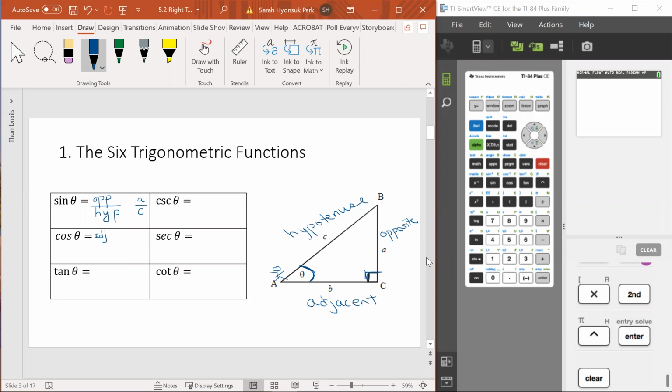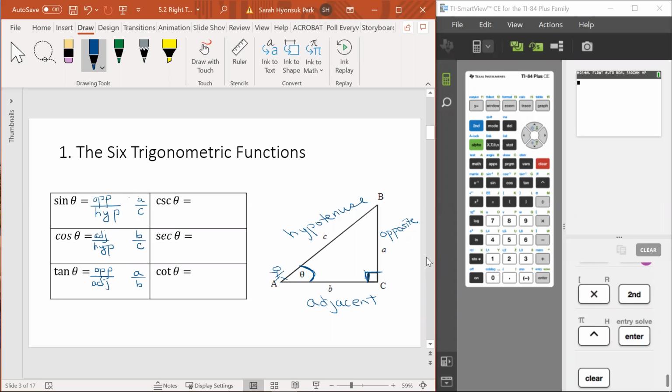You're just taking two sides and dividing, it's a ratio. If we're using A, B, and C as the sides, it's B over C. Tangent is the opposite side divided by the adjacent side. In this case, opposite is A and adjacent is B.